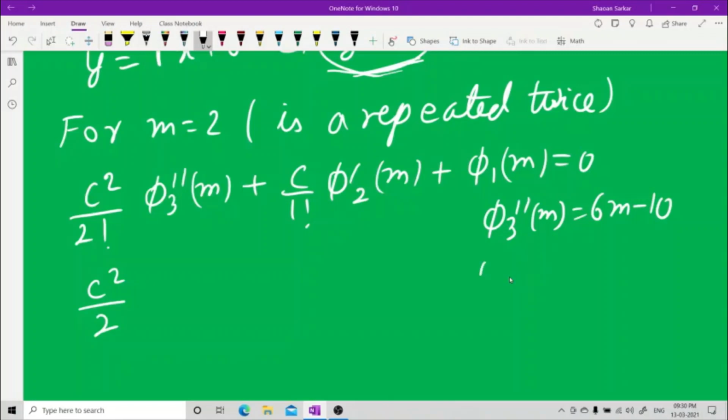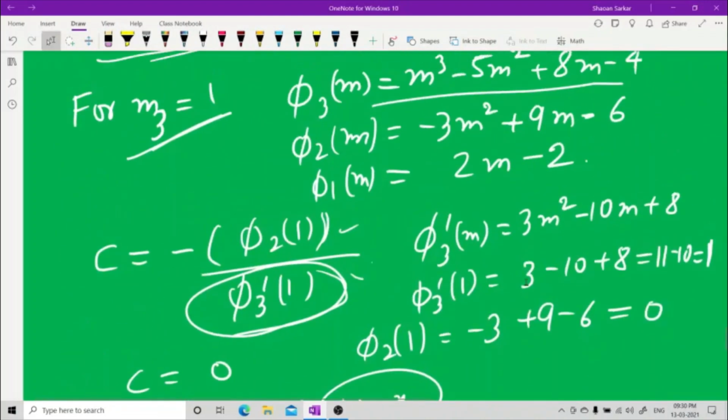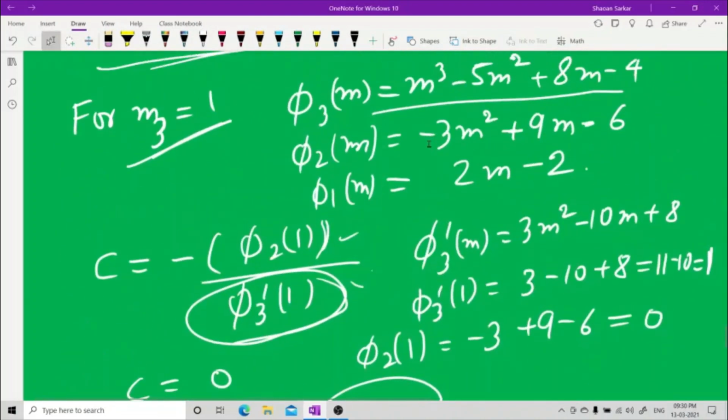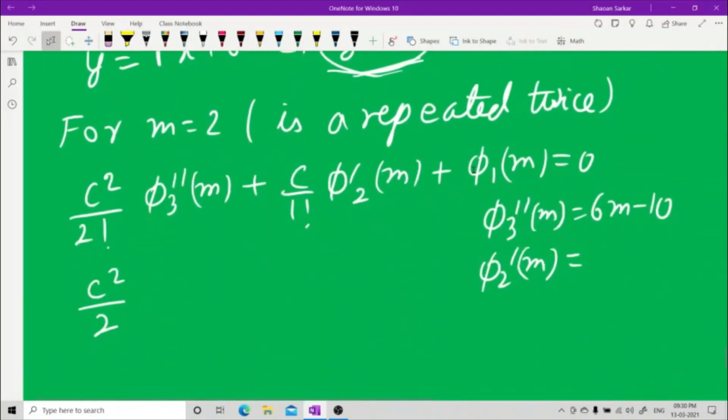And what is phi 2 dash m? Phi 2 dash is minus 6m plus 9. And phi 1m is 2m minus 2. Put m equal to 2 here, here and here.